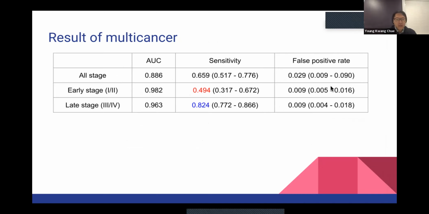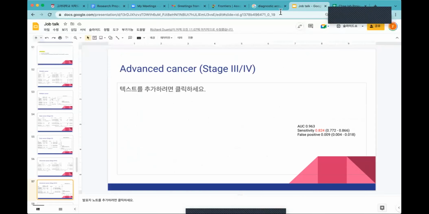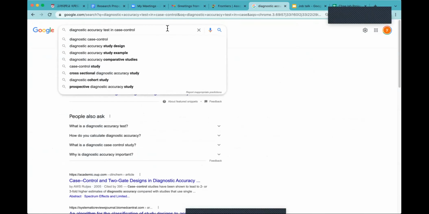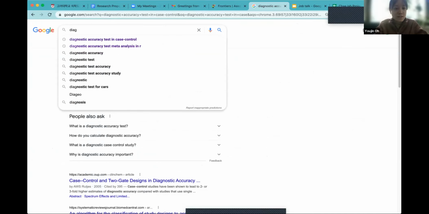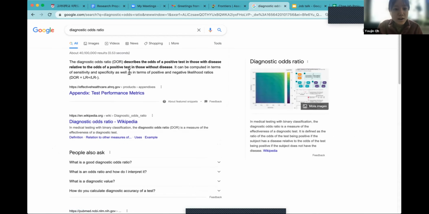So how do you calculate DOR? I can show you the formula. Actually, DOR is the positive likelihood ratio over the negative likelihood ratio.